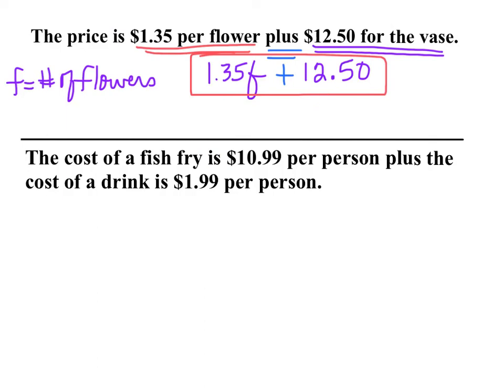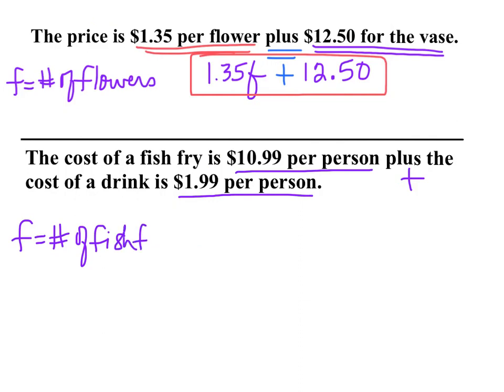The next is the cost of a fish fry is $10.99 per person, plus the cost of a drink is $1.99 per person. So I can do F is the number of fish fries, and D could be the number of drinks. So it's going to be $10.99 per person for the fish fry.